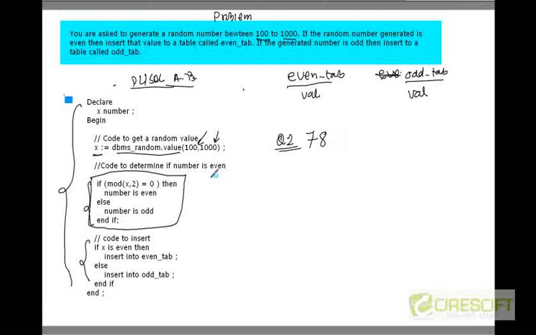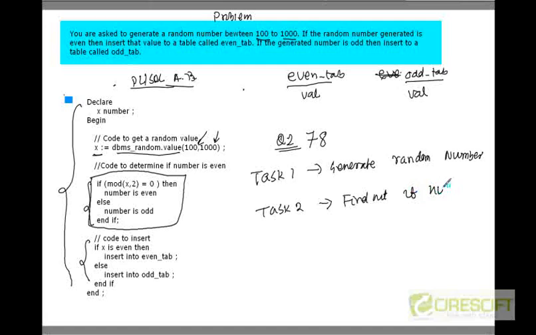If you see, this code does three tasks. Task 1, generate a random number. Task 2, find out if the number is even.